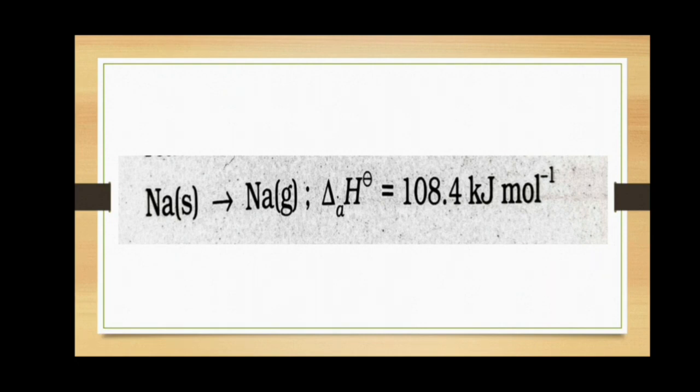In this case, the enthalpy of atomization is the same as the enthalpy of sublimation. You know what sublimation is: solid directly converted to gaseous state. Here sodium is in the solid state and the product, sodium, is in the gaseous state, so it is sublimation, solid to gas. So here the enthalpy of atomization and the enthalpy of sublimation are both the same. Okay, thank you.